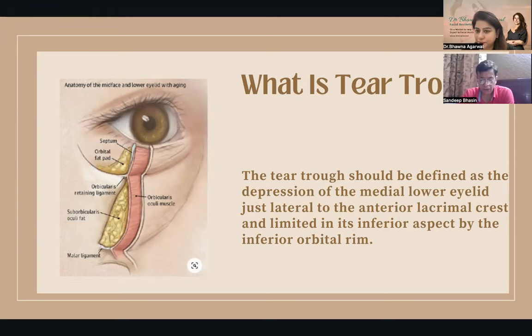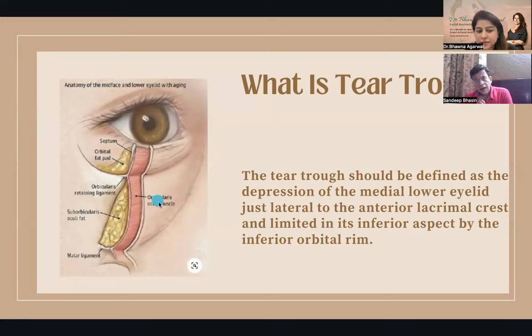Between the orbicularis retaining ligament and the zygomatico-cutaneous ligament, you are in between these two ligaments. That is the pre-zygomatic space. Are we above the malar ligament or below it when we inject? We are above the malar.